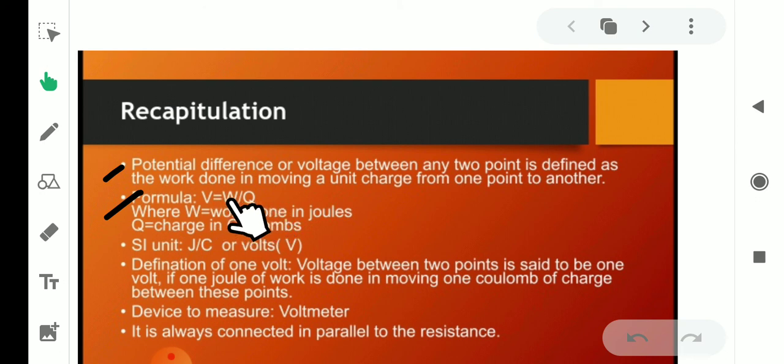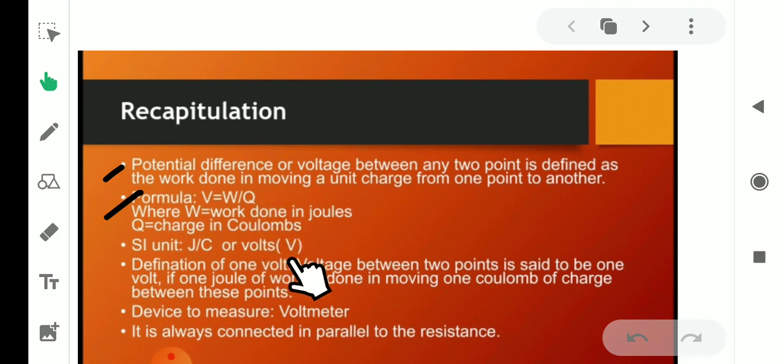W, work done, is given by the unit joule and charge has a unit coulomb. Therefore the SI unit of potential difference will be joule per coulomb, or it is also called volt.